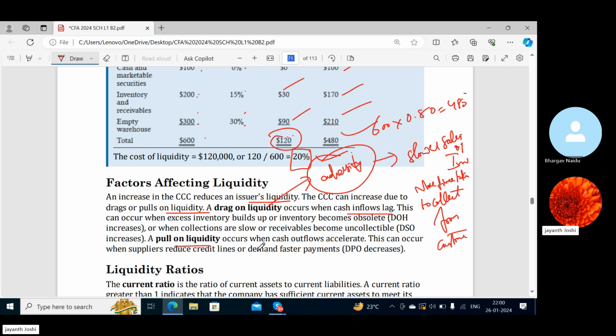And the next thing, pull on liquidity occurs when cash outflows accelerate. This can occur when suppliers reduce credit lines or demand faster payments. That means these two are not good. Here you have to make payments sooner because suppliers are not willing to give you a longer credit period, right? So this can affect your liquidity.